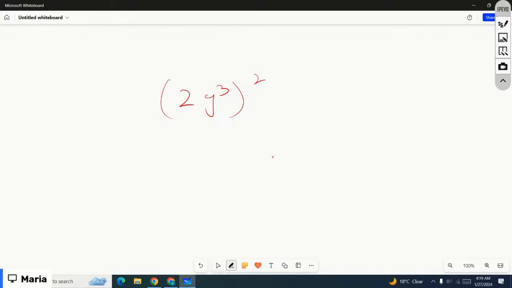This is the exponent of everything inside the bracket. You can write it as 2 exponent 2 and y cube times 2, right? So 2 exponent 2 is 4, but you have to do y 3 times 2, right? That would be 4y to the 6. Got it?